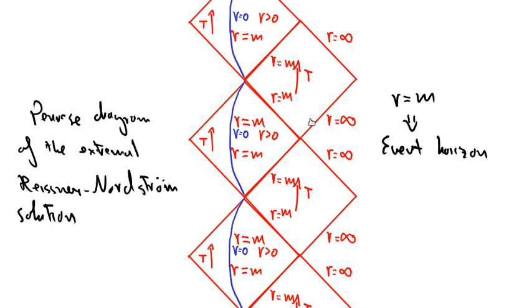So we still have a number of regions which represent asymptotically flat ends, and we still have regions which contain a time-like singularity, which represent a black hole. So this is still a black hole, but no Cauchy horizon as we had before.